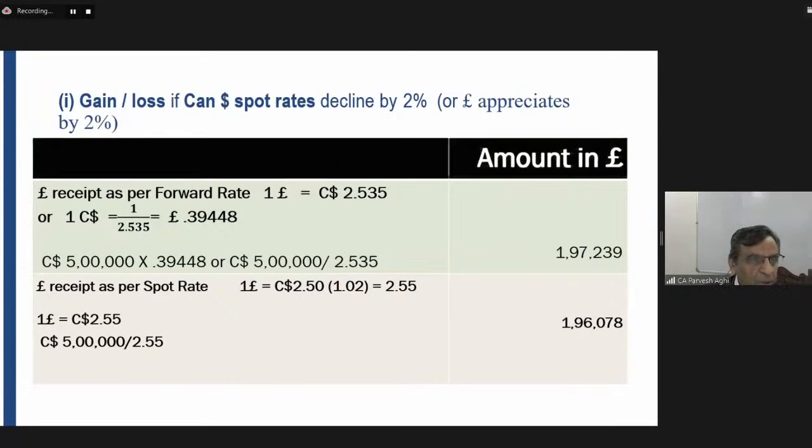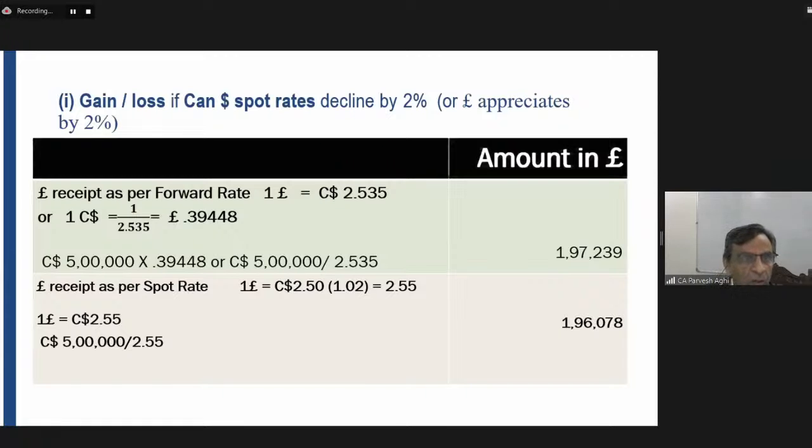The spot rate today is 1 pound equal to Canadian dollar 2.5. Suppose the pound appreciates, which means 1 pound will go to 2.55.